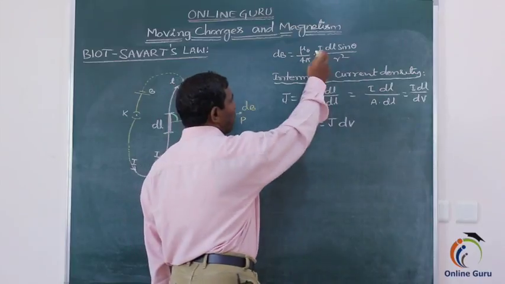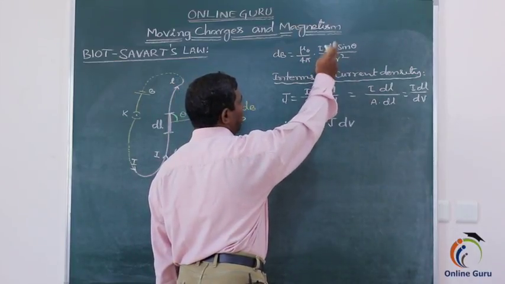Then replace the value of I dl in Biot-Savart's law.